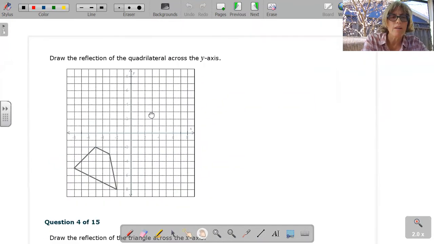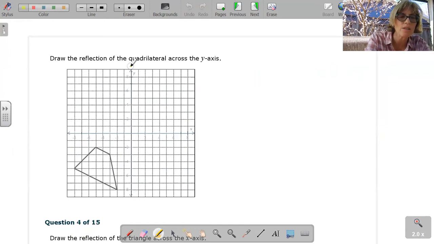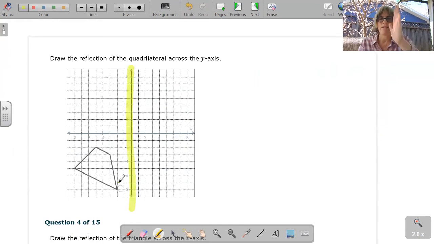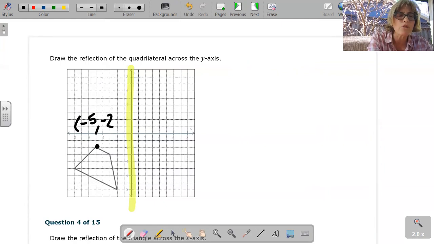We're going to reflect across the y-axis. Here's the y-axis. To flip over the y, that's a horizontal motion. All you do is you opposite the x coordinate. So for example, this is at negative 5, negative 2.